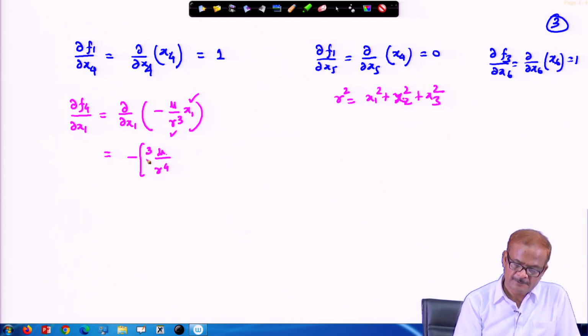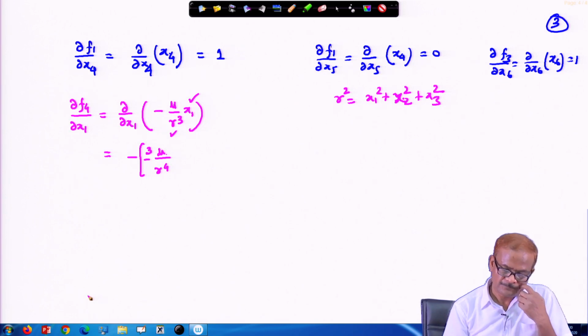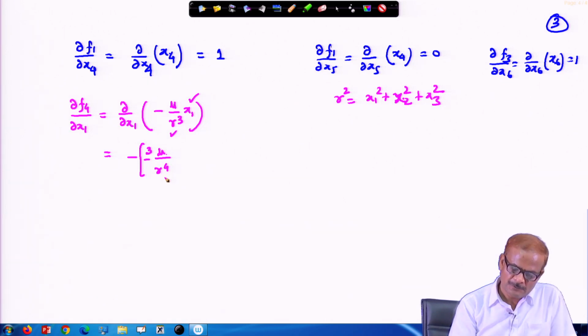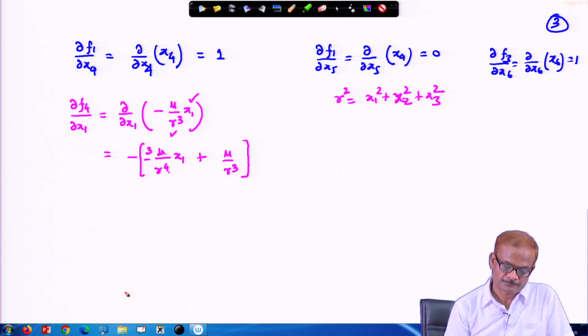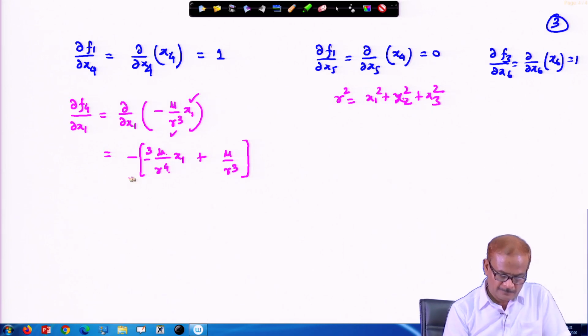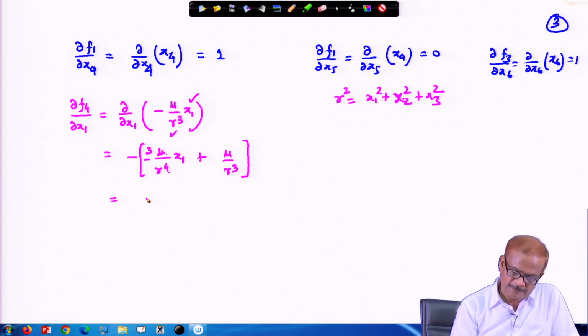Once we differentiate, it will appear like this: minus 3 mu by r to the power 4 x 1, plus mu by r cube. Okay. And we can rearrange them to write as 3 mu by r to the power 4.